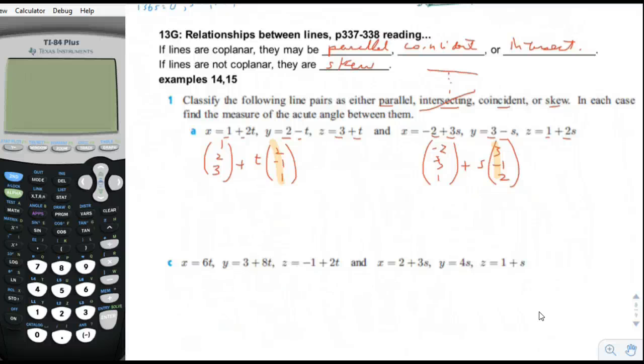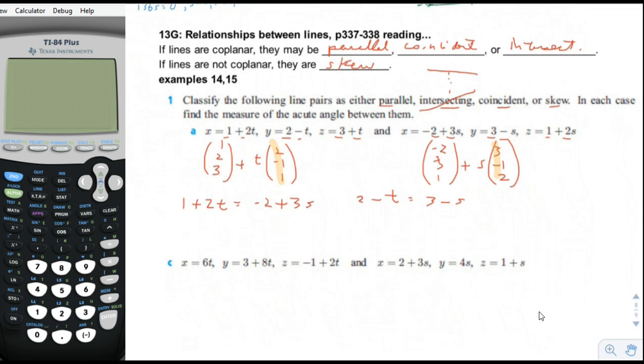Let's see if they're intersecting. If they're intersecting, we should be able to set them equal to each other and solve the equations. So the x component is 1 plus 2t equals -2 plus 3s, and the y component is 2 minus t equals 3 minus s.